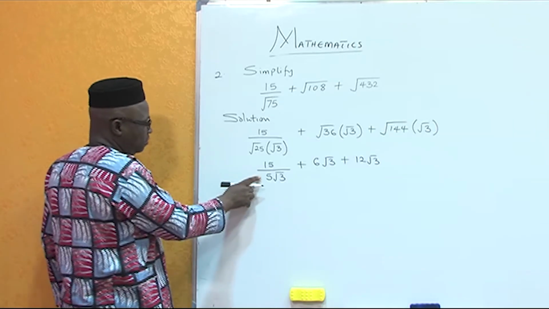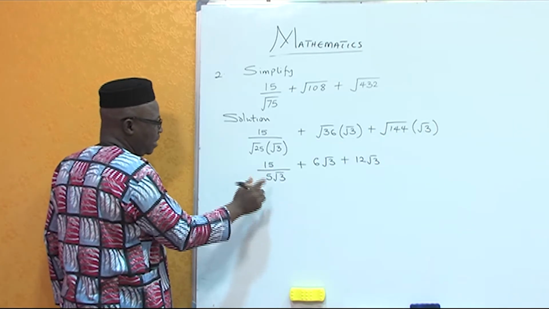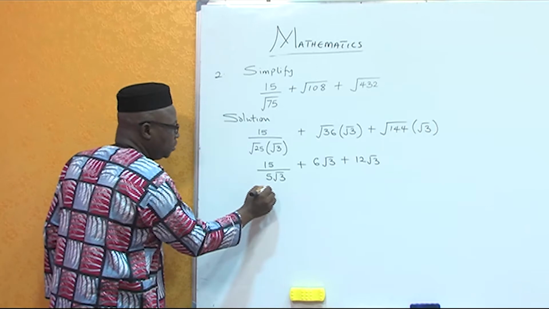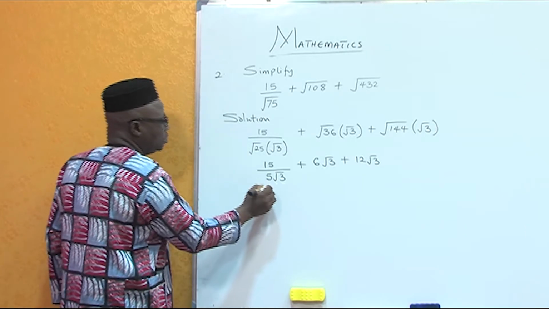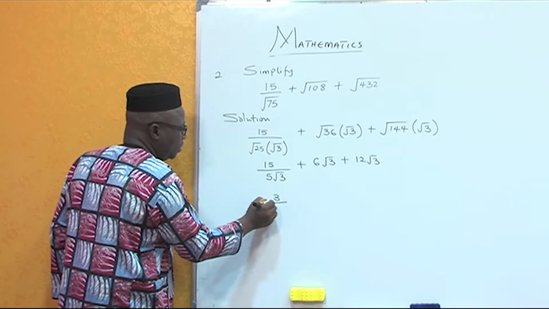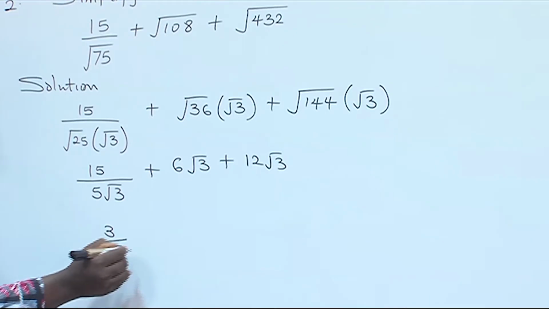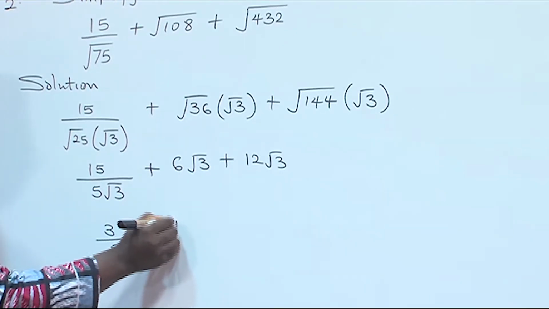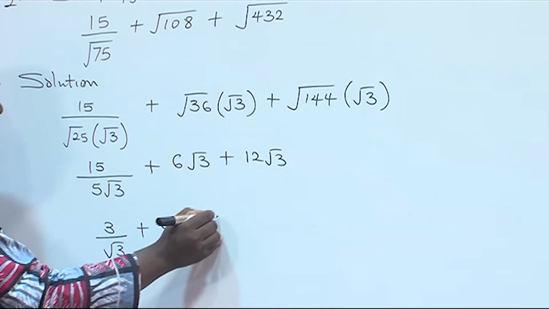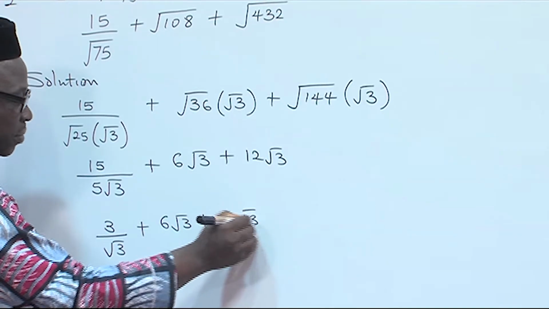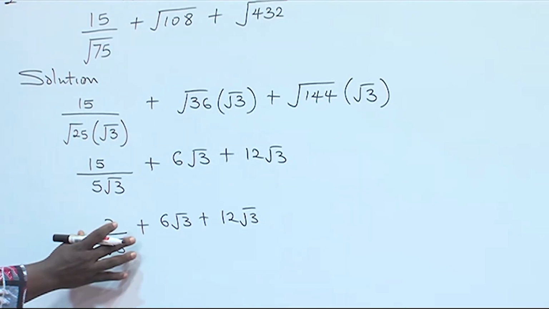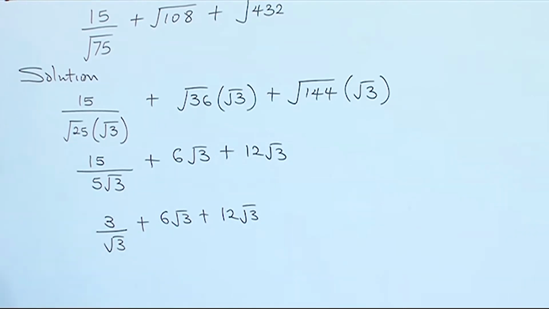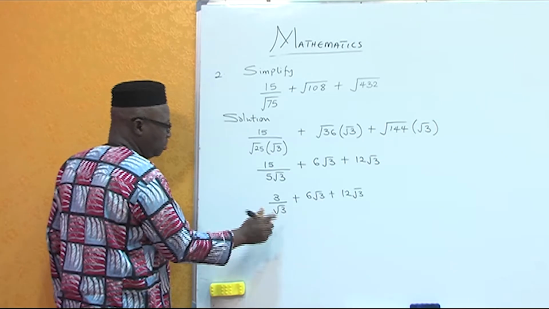So I can simplify this. 15 divided by 5 is going to be 3. So this is 3 divided by root 3 plus 6 root 3 plus 12 root 3. There is need for me to rationalize this because it's having a surd in the denominator.